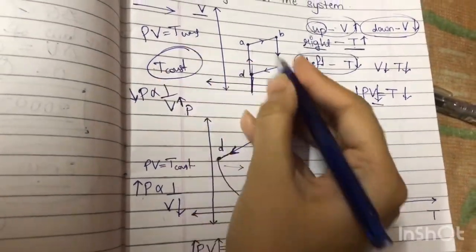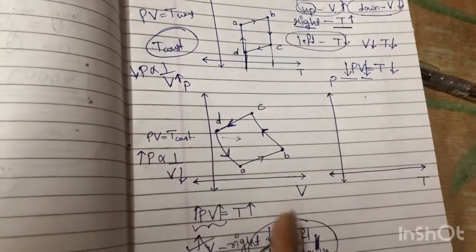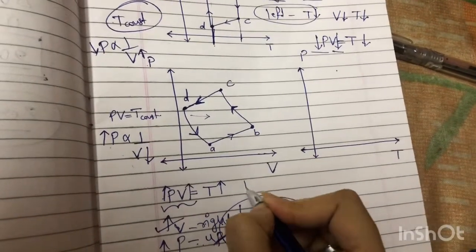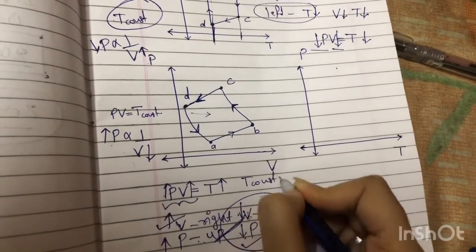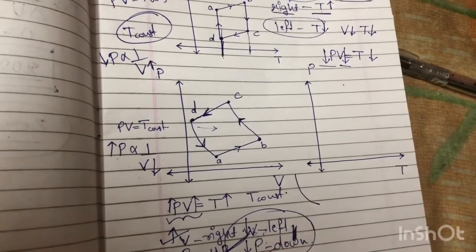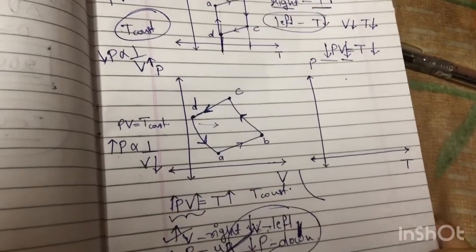How did I know that? Looking at this graph, this is my pressure volume curve. Whenever it is understood that temperature is constant, in that case the line will be a curve. So this is my pressure volume diagram.